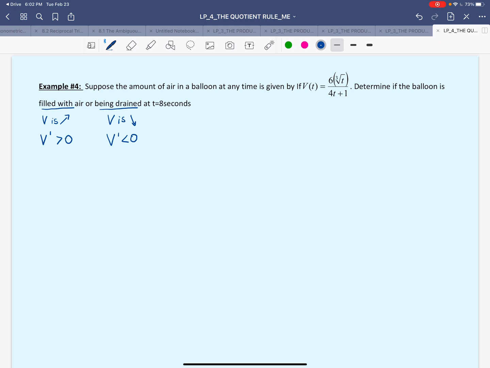So our problem now has become a problem of differentiating the function and studying the derivatives. So we're going to differentiate V of t and study its sign.